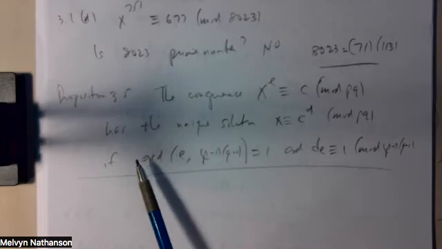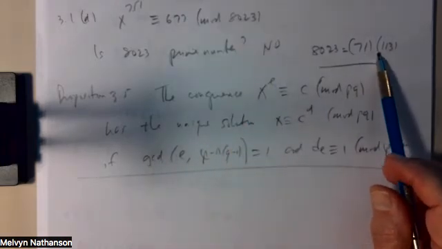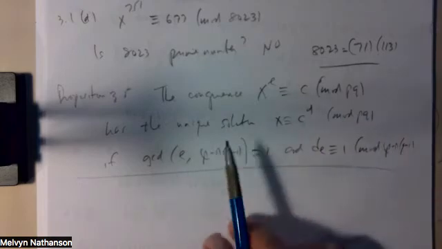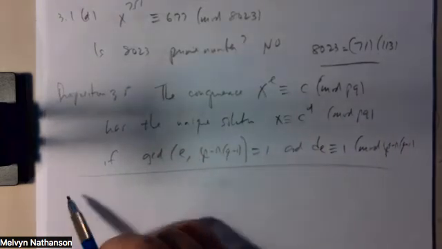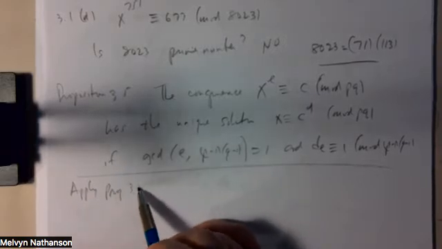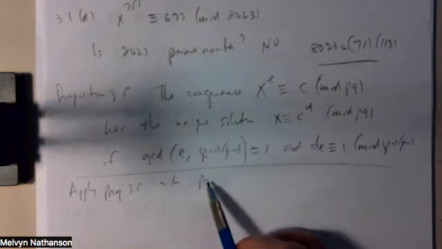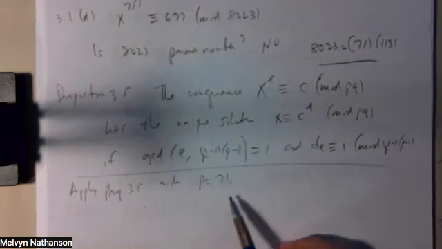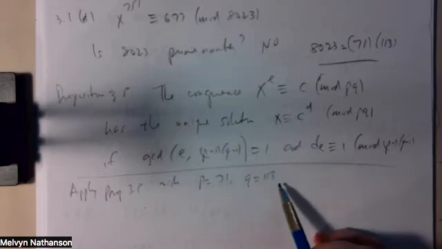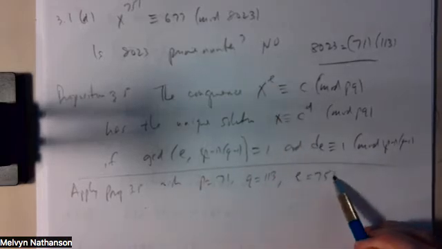So we know that our modulus 8023 is a product of two primes. So we can try to apply this proposition. Apply proposition 3.5 with p equal to 71, q equal to 113, and e, my exponent, equal to 751.